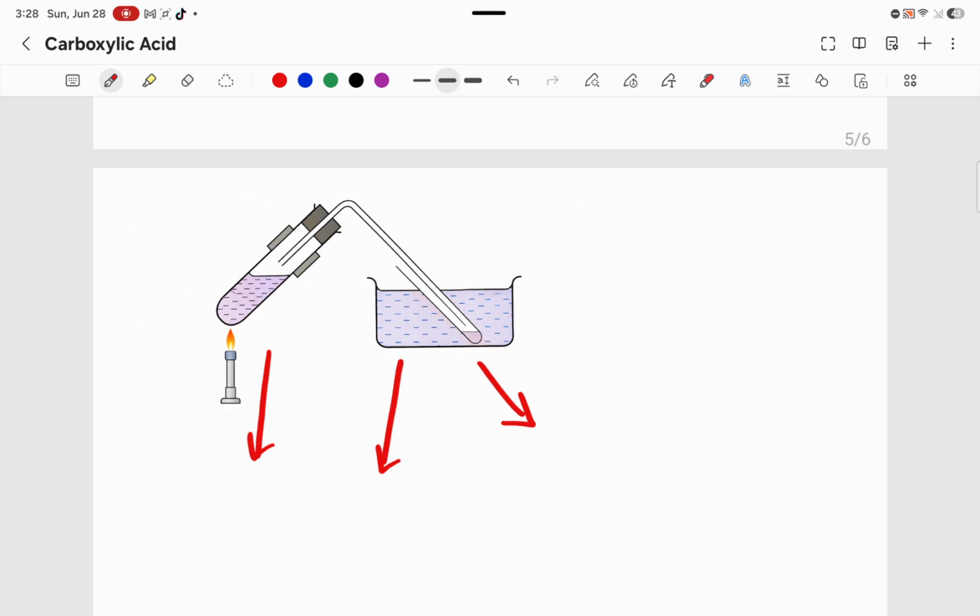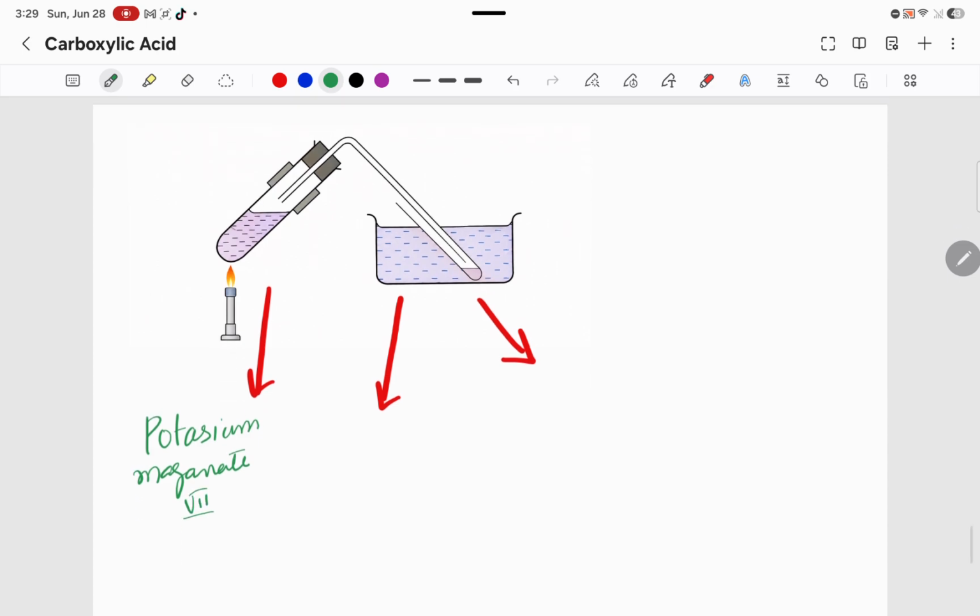So what happens? Here we have potassium manganate 7 plus ethanol in this test tube.